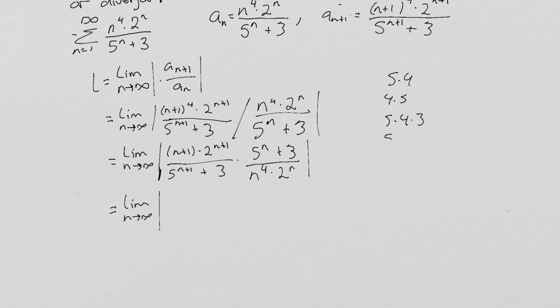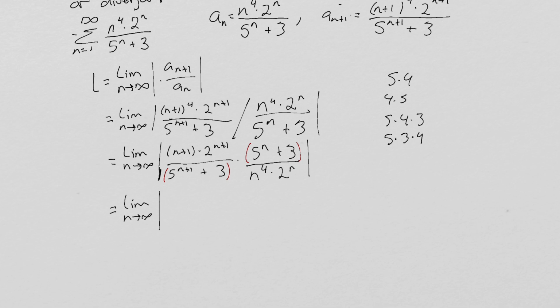I could reorder that as 5 times 3 times 4. I can reorder multiplication and it won't change anything. What I'm going to do is reorder the multiplication in the top and reorder the multiplication in the bottom. One thing I want to point out is that these two have little parentheses around them. So if I move like this part of the top, I need to bring this with it. All right, so let's go ahead and do that.